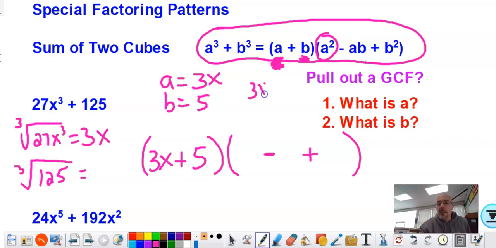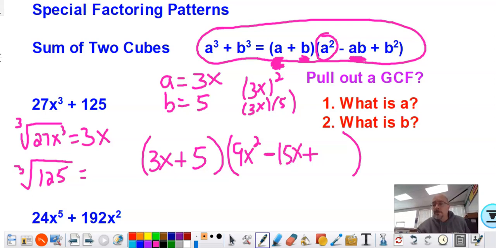If I take the 3x and square it, that's 9x squared. Now, in the middle, it says A times B. If I take 3x times 5, that's the A and that's the B, that's 15x.